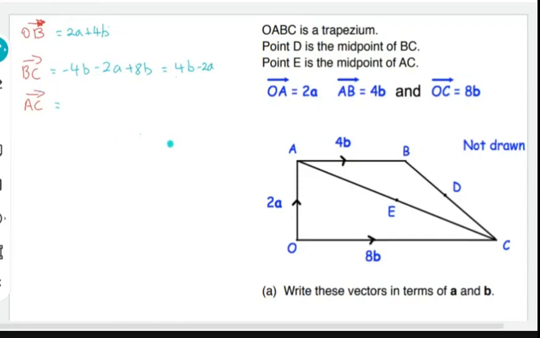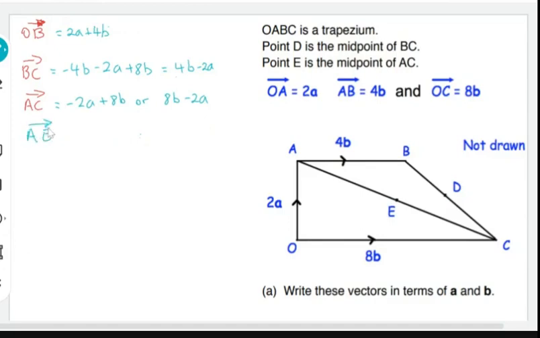Yes, because you're going from A to O, which is minus 2A, and then O to C, which is plus 8B. Or you can say 8B minus 2A. Cool. Are there any other vectors that are worth working out? Actually, yeah, this one might be a good one. If A to C is 8B minus 2A, what would A to E be?